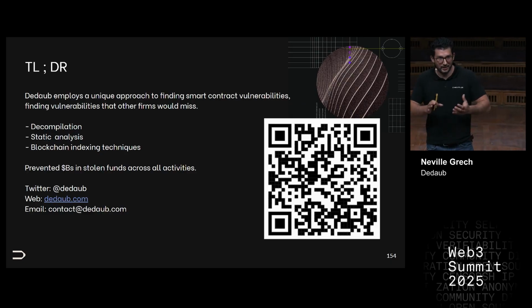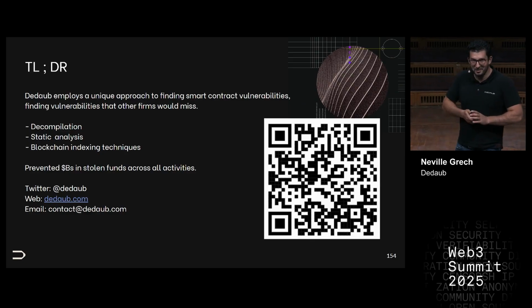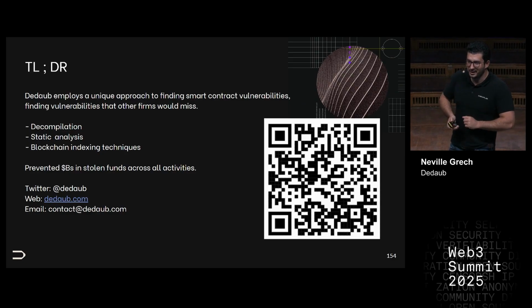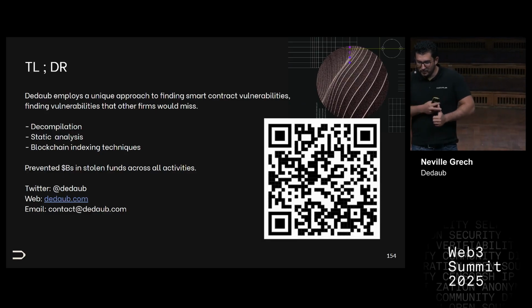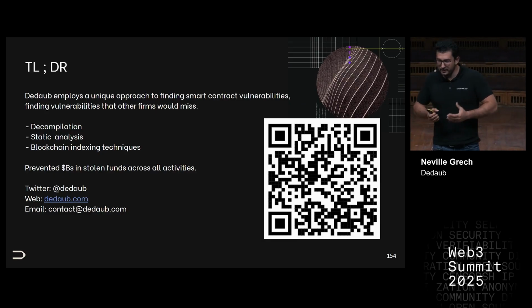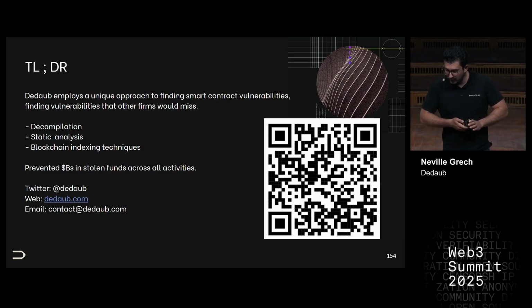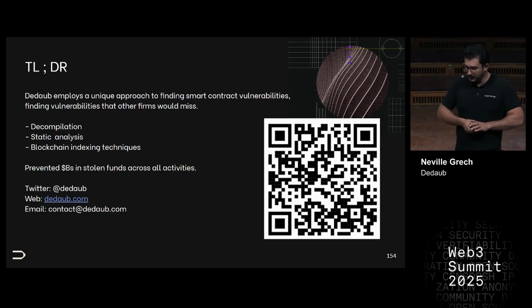We look at code at a very low level, and you get a different perspective on the code. We do decompilation, static analysis, and also blockchain indexing these days. We've successfully prevented billions in stolen funds across many different activities.